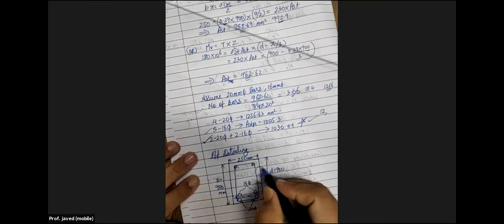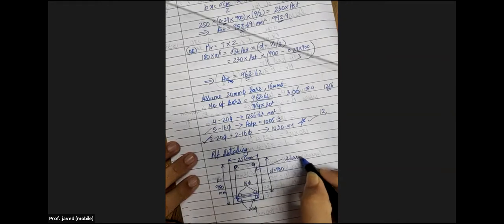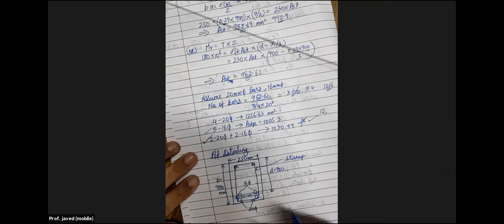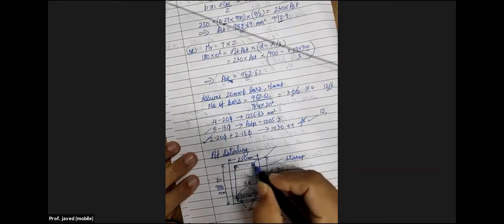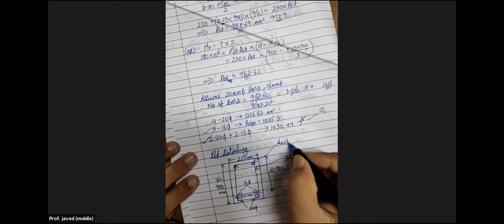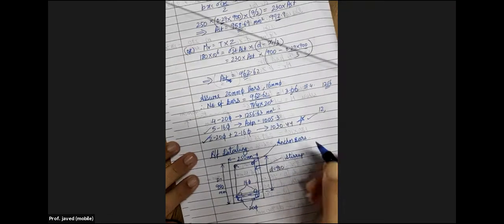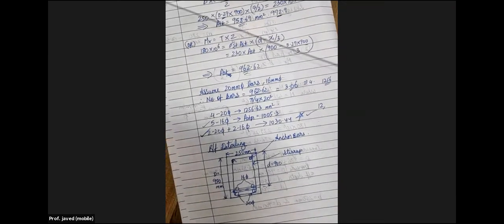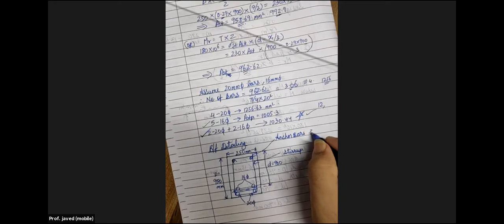So this is called the stirrup for the shear reinforcement, and these are your anchor bars. The anchor bars are generally of 8 mm diameter or 6 mm diameter. In Mumbai, generally we don't use 6 mm diameter. In Mumbai, you can find the minimum diameter used is 8 mm. But in rural areas, you can find 6 mm diameter also. They still use 6 mm diameter. So the anchor bars are generally of 8 mm diameter.